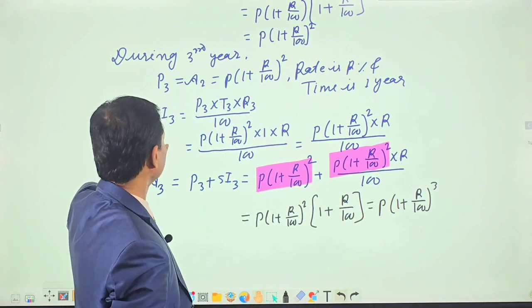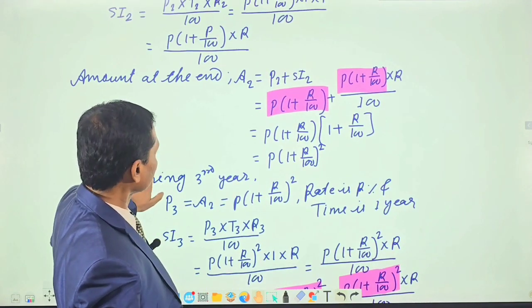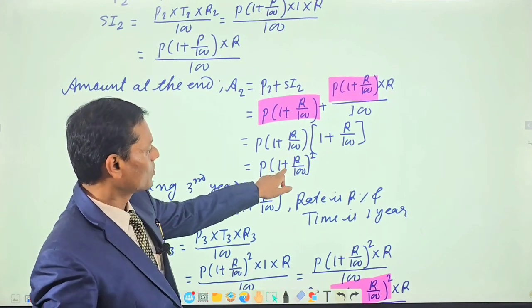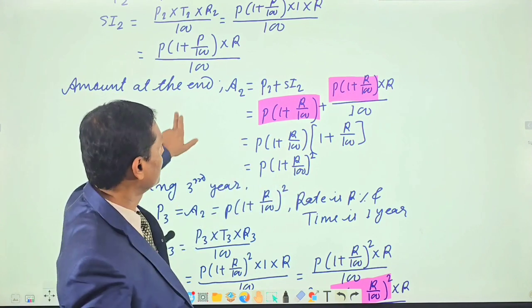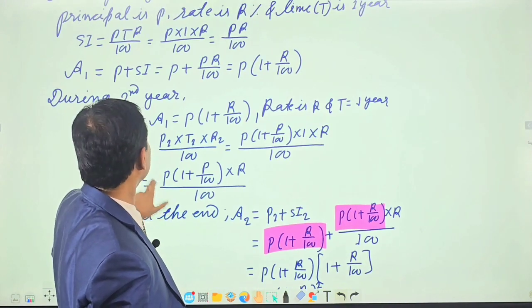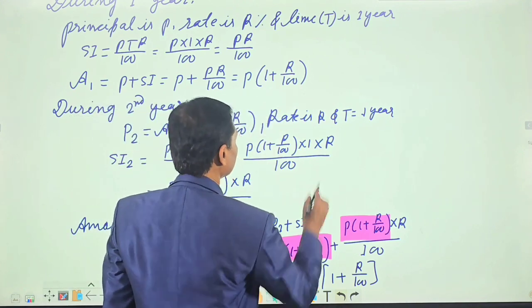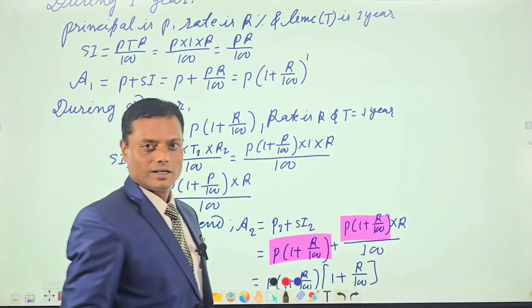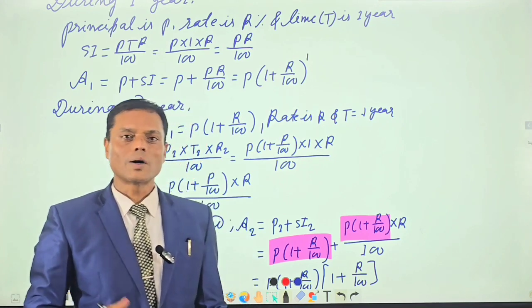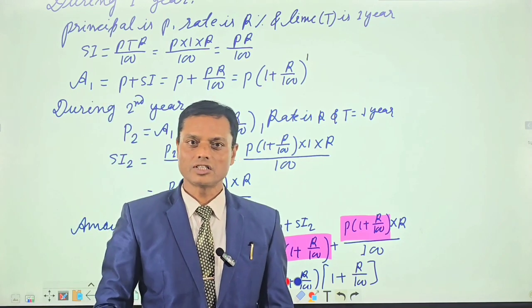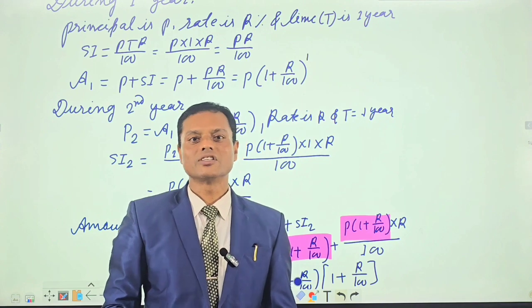Have a look here, A2 equals P times (1 plus R by 100) to the power 2, and A1 equals P times (1 plus R by 100) to the power 1. So in the first year the power is 1, in the second year the power is 2, in 3 years the power is 3.